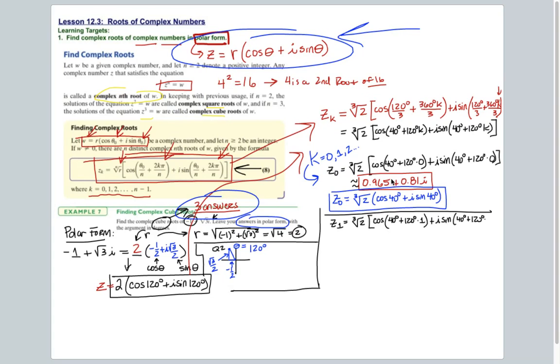If you see a shortcut at this point and you want to not do all this work, that's totally fine. It's going to end up looking pretty much the same.